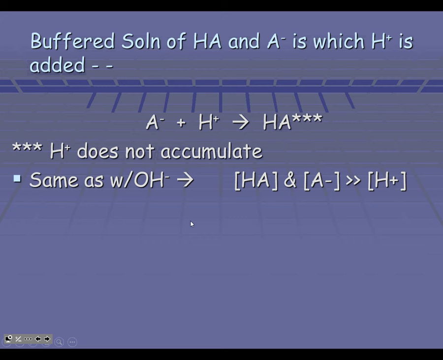You want to keep those buffer components, the weak acid and the weak base, at a lot larger concentrations than the strong acid or the strong base that you're adding. As long as you do that, you get very little change in the ratio of your buffer components and you get very little change in the pH.